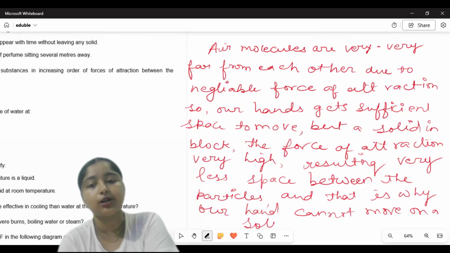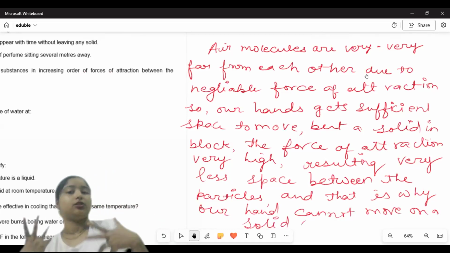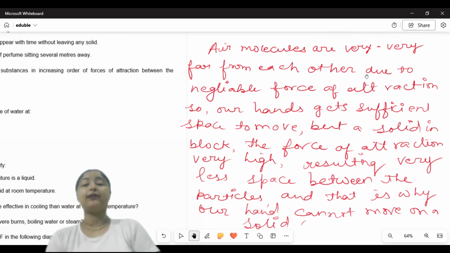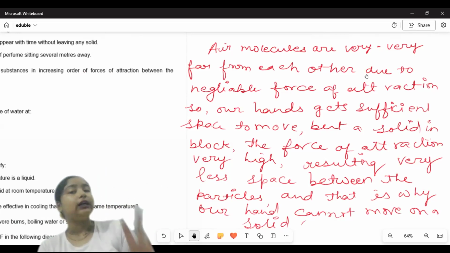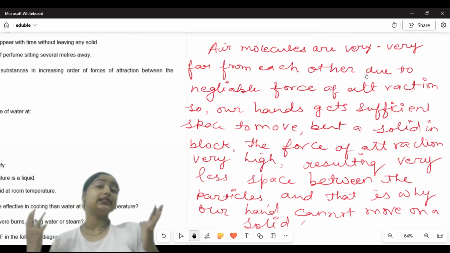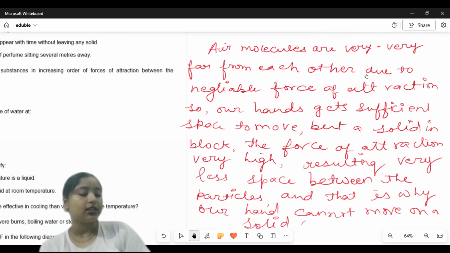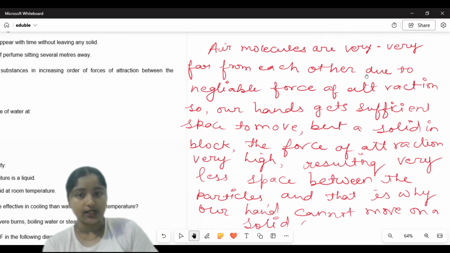So this is what your answer for this one is. See, now you do not need to write the same answer. Also, as I've told you, I will put the PDF of all the model answers in the description. But again, you don't have to write the same thing. You just need to understand the concept. You can mold the words according to your choice.